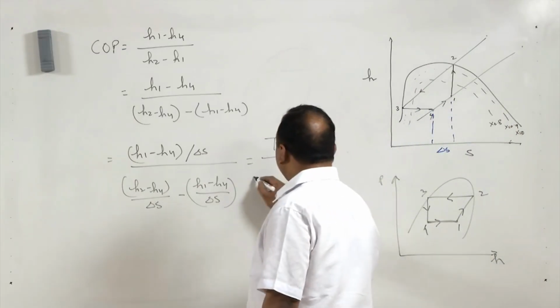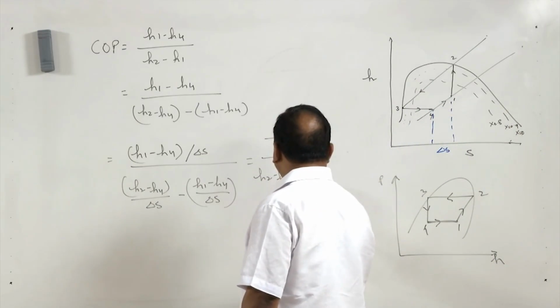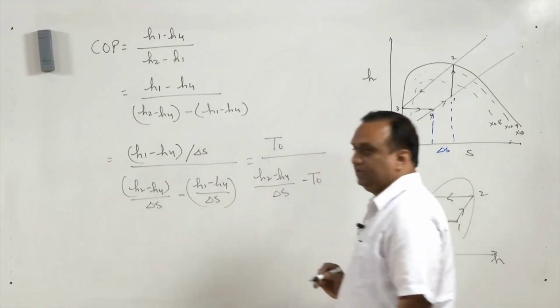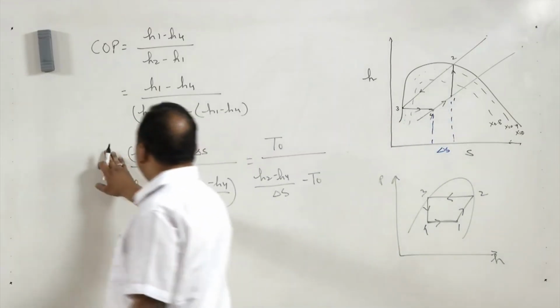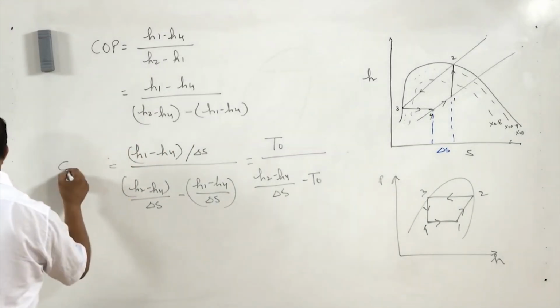Here also we can take H2 minus H4 by delta S minus TO, and this is equal to the COP of the system.